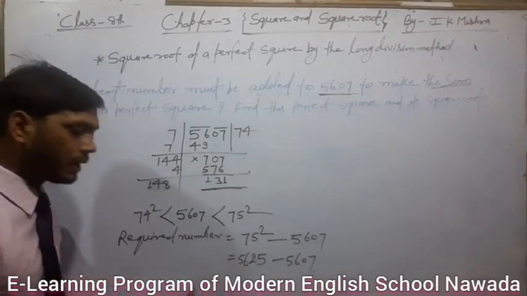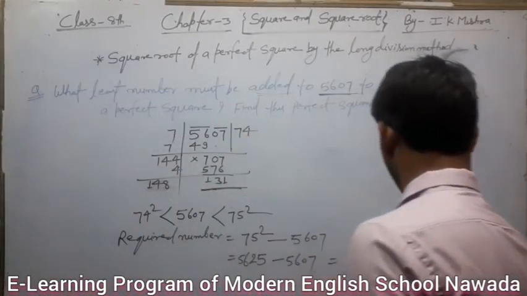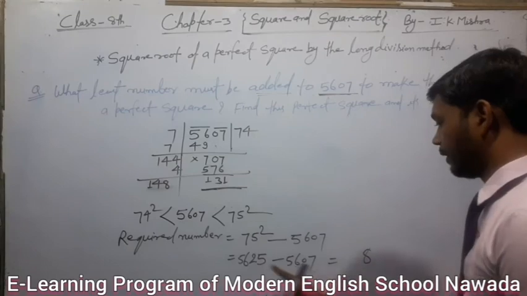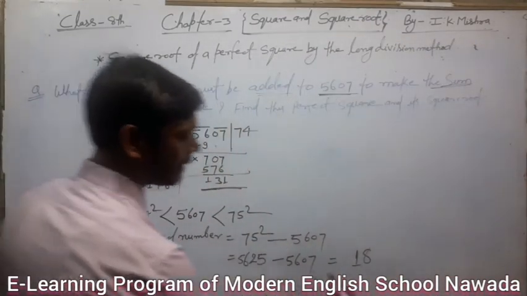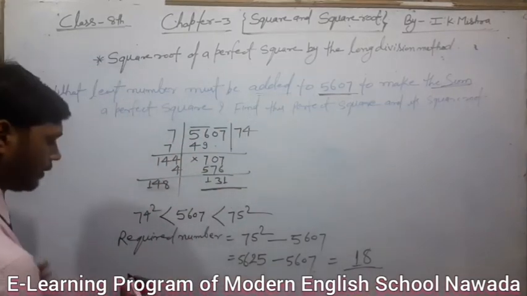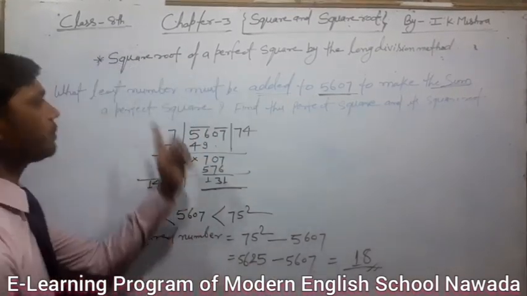When you subtract it, the result is 18. So the required number is equal to 18.